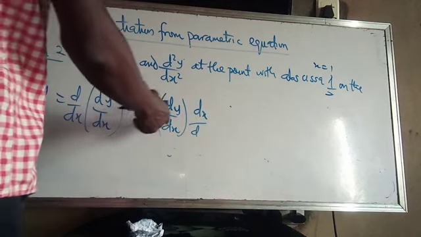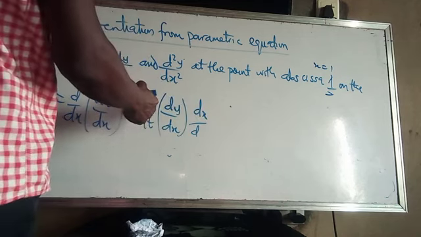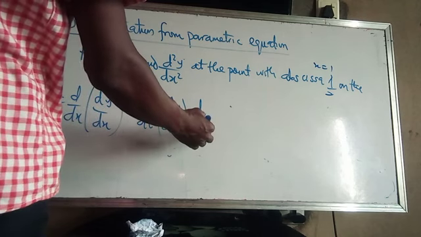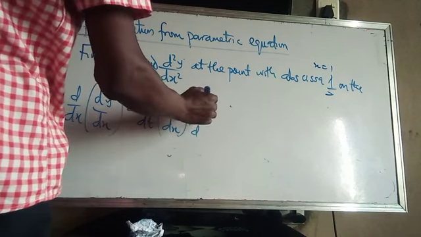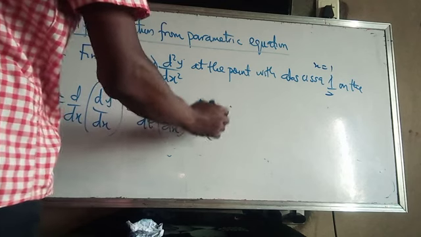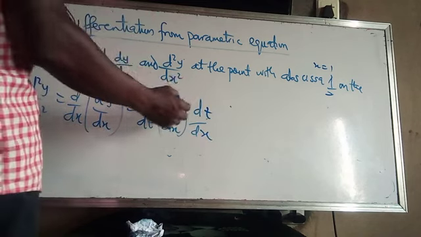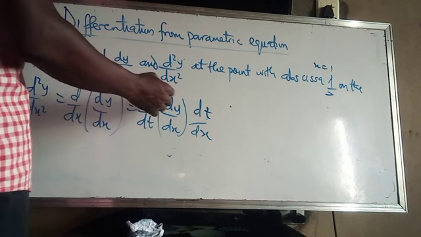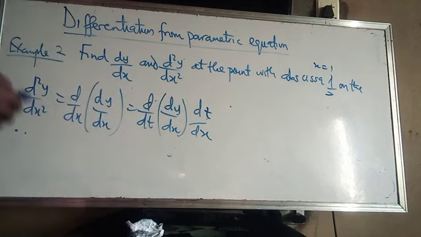If you put dx/dt there, it will work. This will cancel, this will be dy/dt. No, it should be dt/dx, it will not work. Yes, so dt will cancel dt. This is dy, so it works. That's very good.